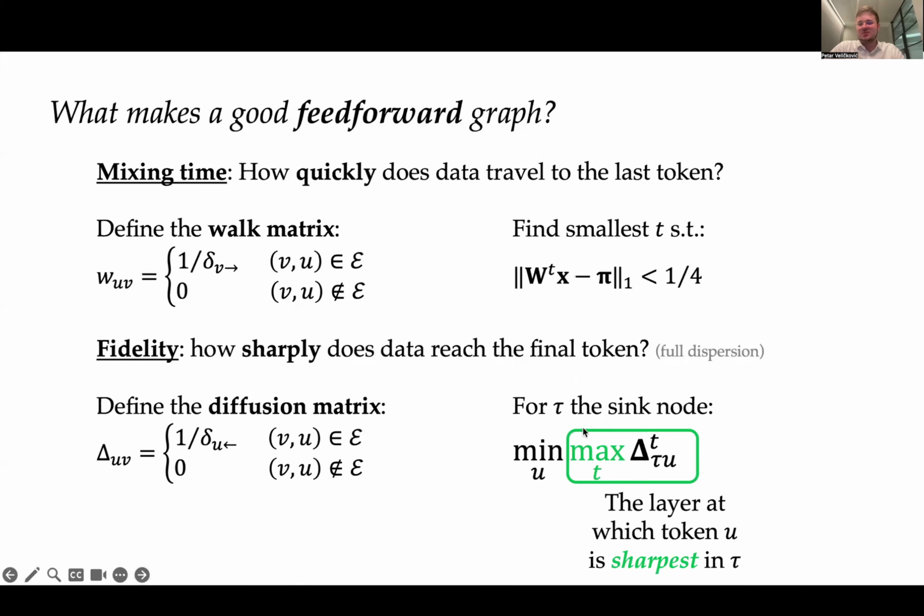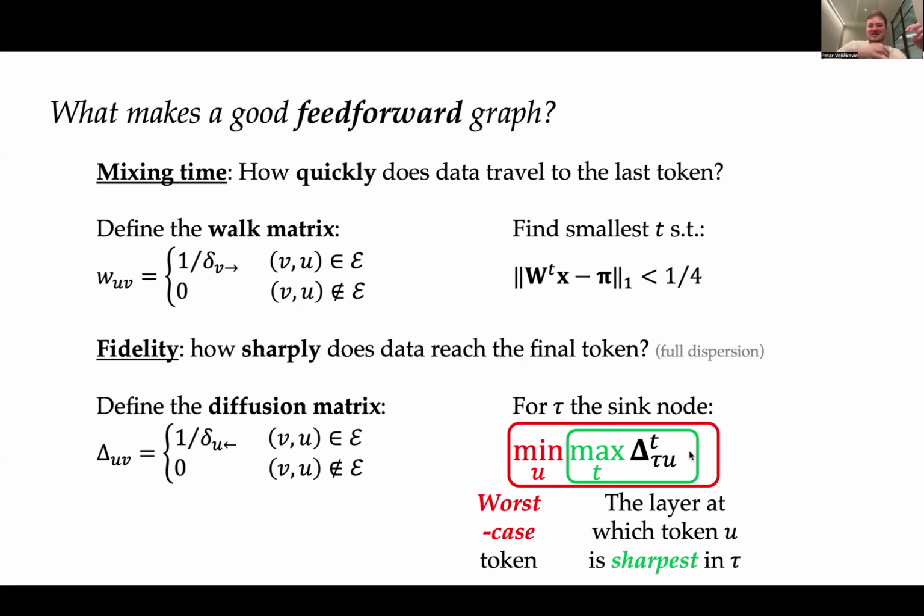To clarify this formula, what you first do is you check, so you maximize over all powers of this matrix. You search for the number of steps at which a particular token is sharpest in the final token, that's tau. So the largest possible value that you get by raising this diffusion matrix to a given power. And then you look at the worst case token, right? So that's why there's a minimax in there. So you search for what is the token that has the least favorable propagation into the sink, and at arbitrary numbers of layers.